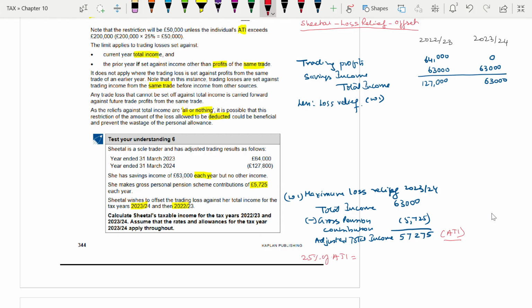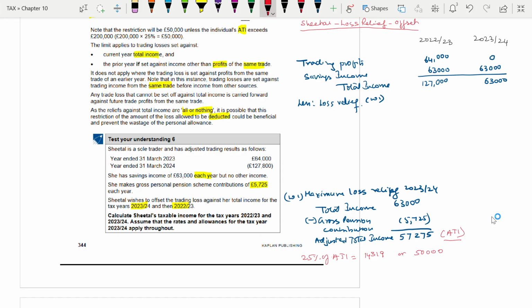How much will you get? 57,275 times 25%. It comes to 14,319.